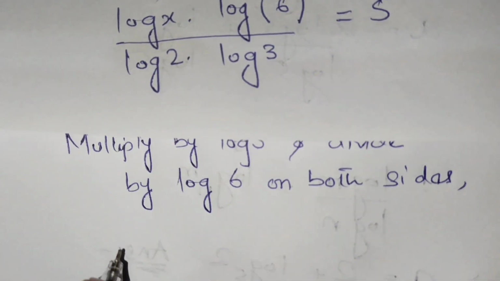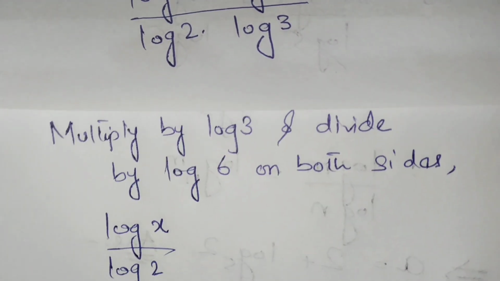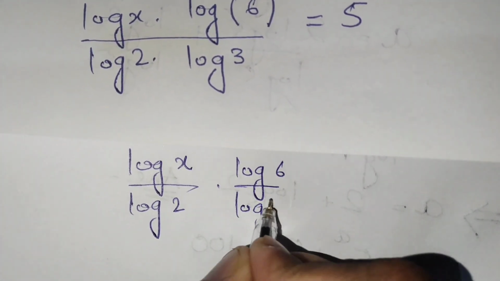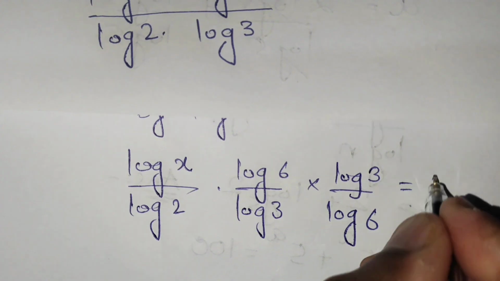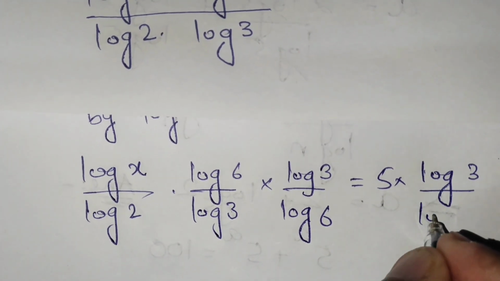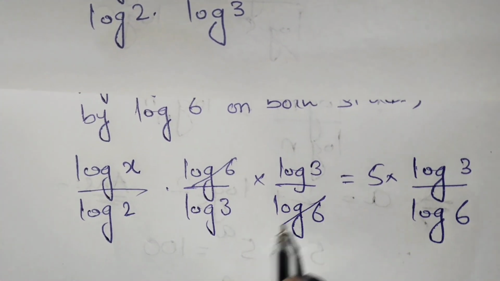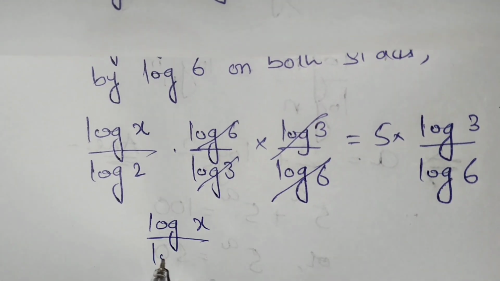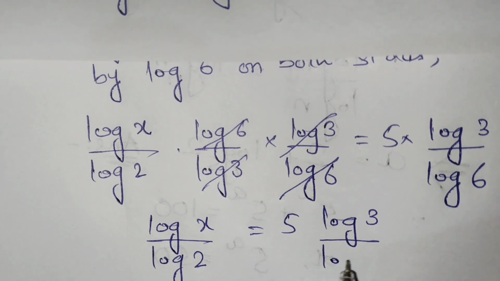It will be log of x divided by log of 2 times log of 6 divided by log of 3 times log of 3 divided by log of 6 equals 5 times log of 3 divided by log of 6. So log 6 cancels with log 6 and log 3 cancels with log 3. It will be log of x divided by log of 2 equals 5 times log of 3 divided by log of 6.